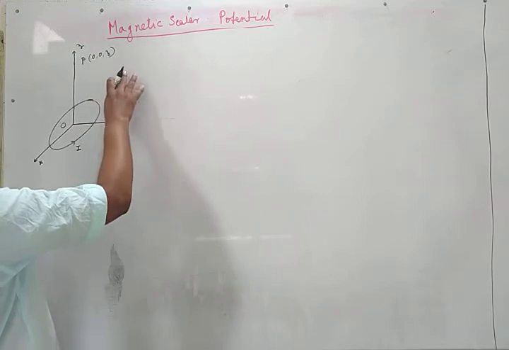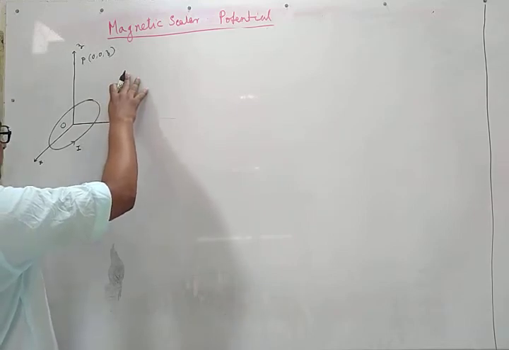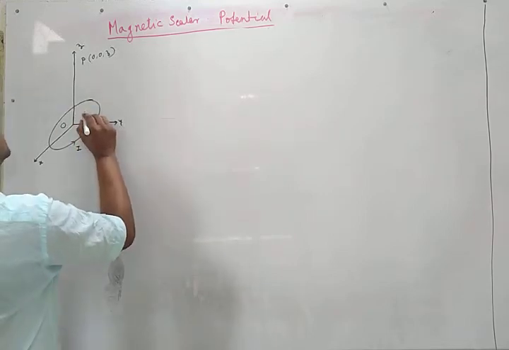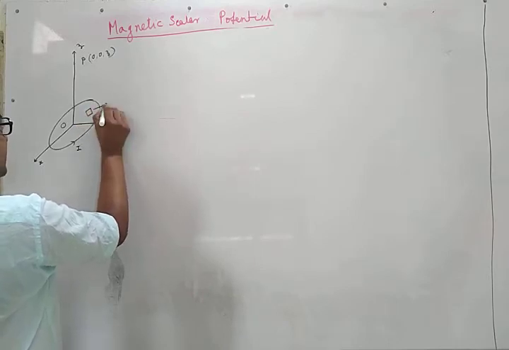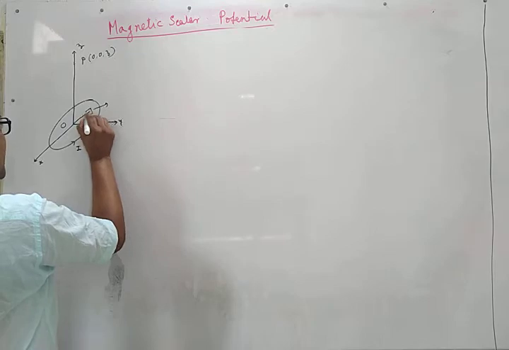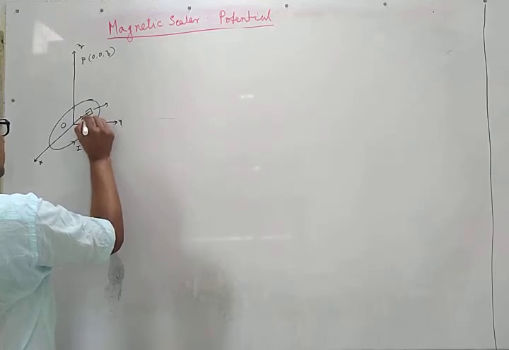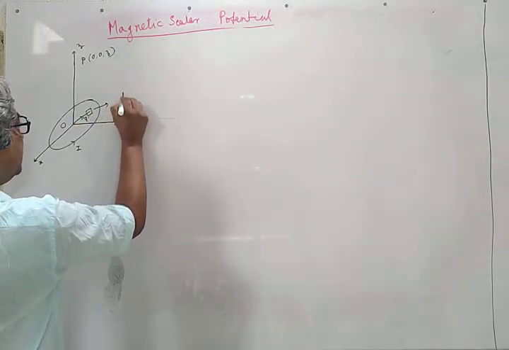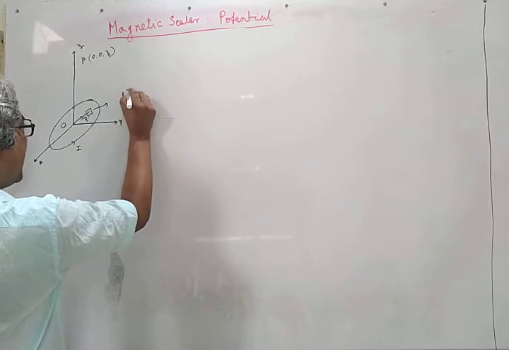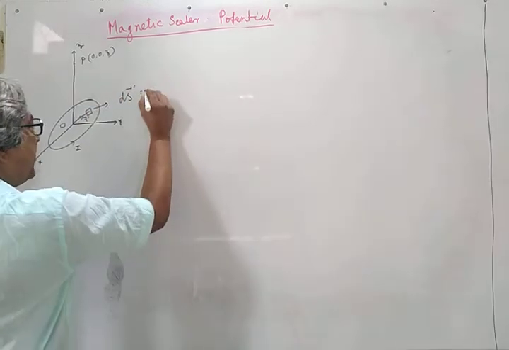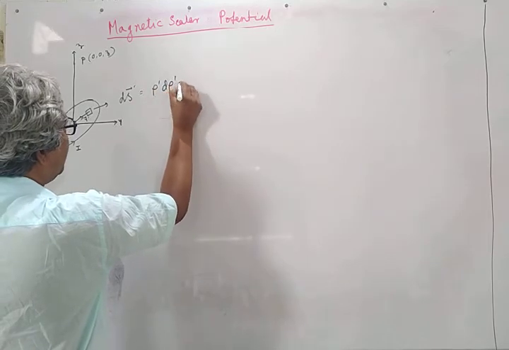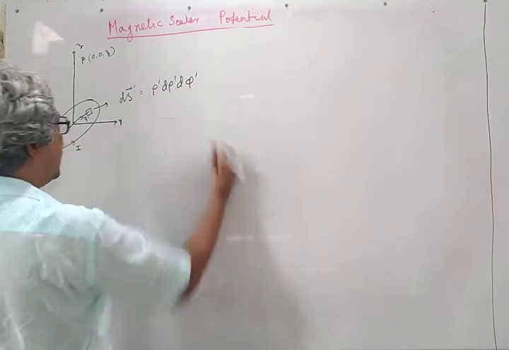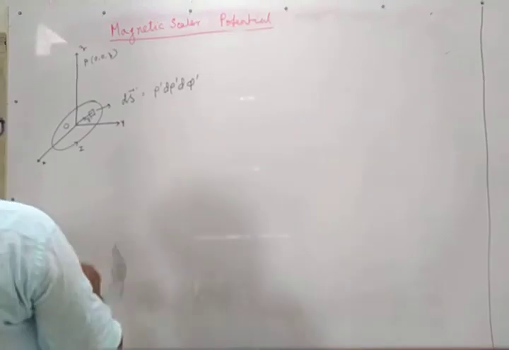Because the system has a cylindrical symmetry, we choose a cylindrical coordinate system and consider an area element at r prime. So the area element ds prime will have the magnitude rho prime d rho prime d phi prime, because it is an area on the z equal to constant surface.